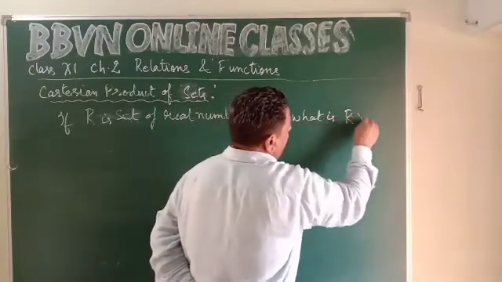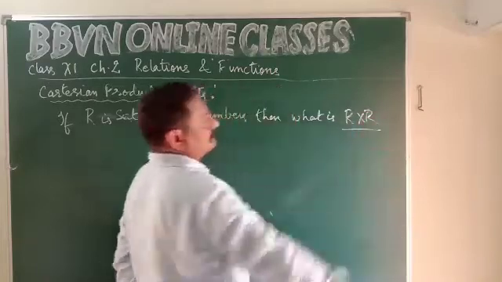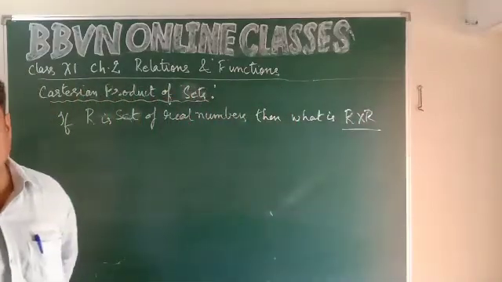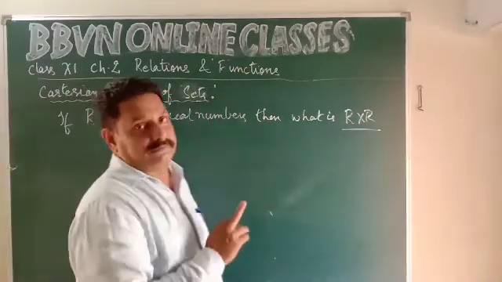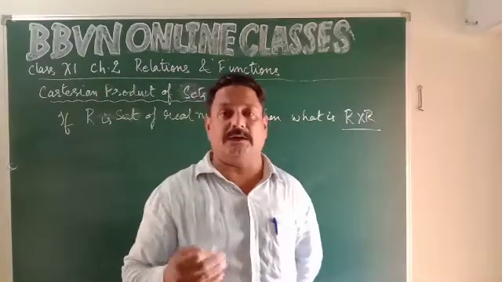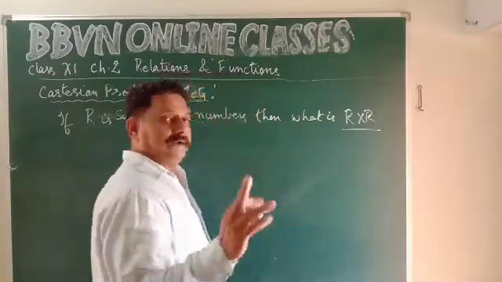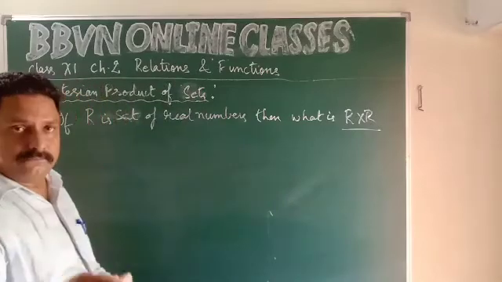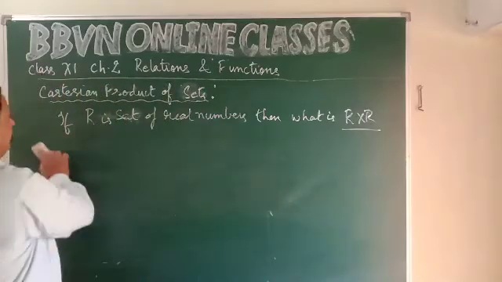If R is the set of real numbers, then what is R cross R? Try to get it. If you get the answer, send it to me on my WhatsApp number.